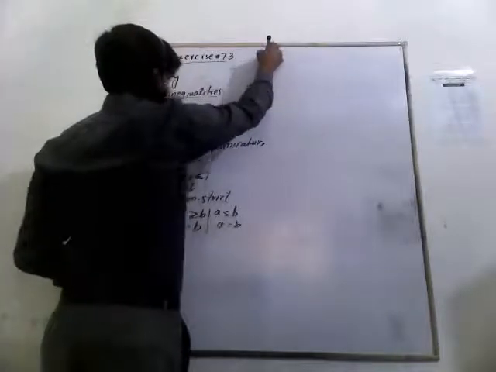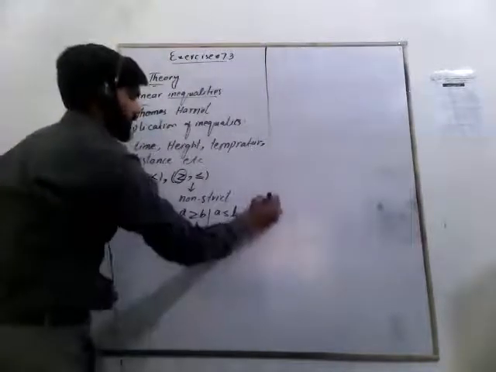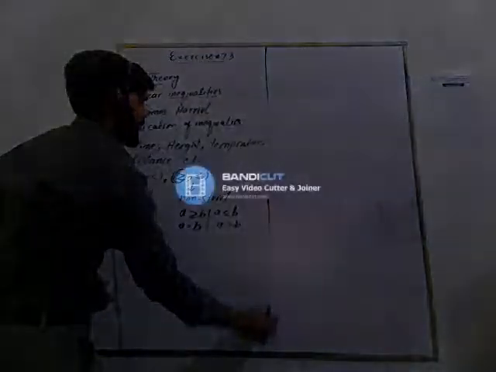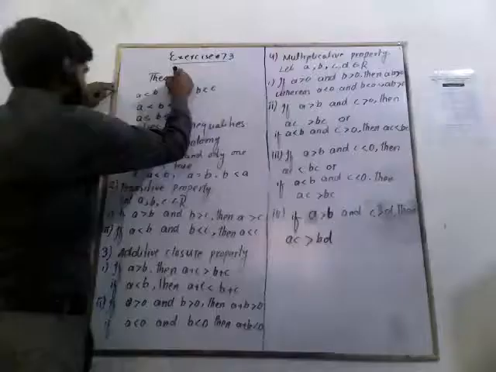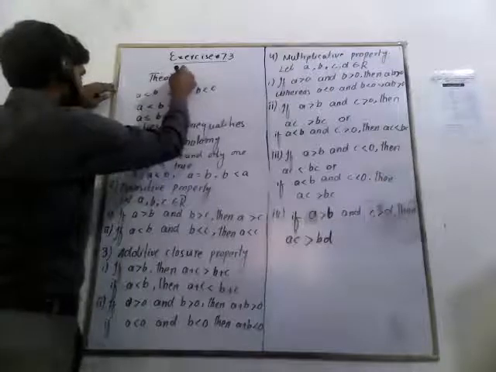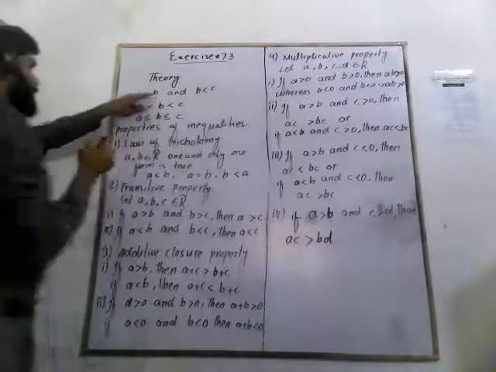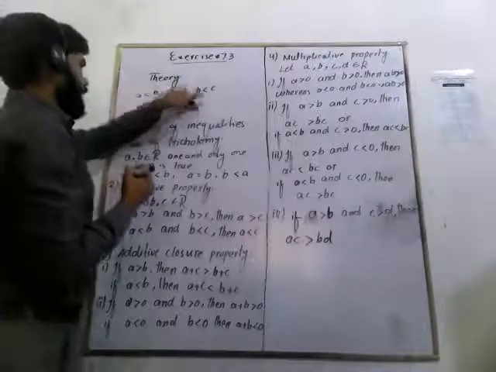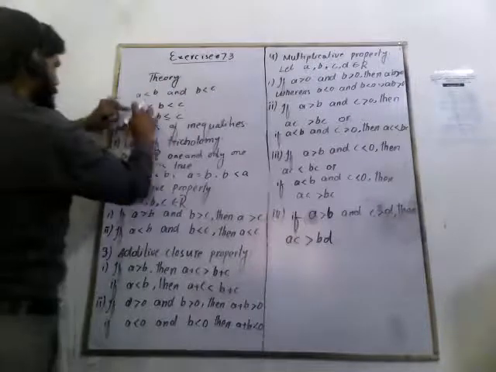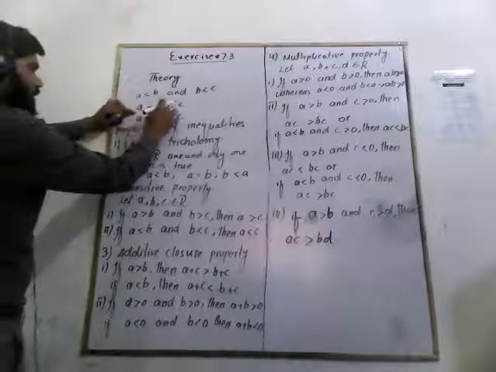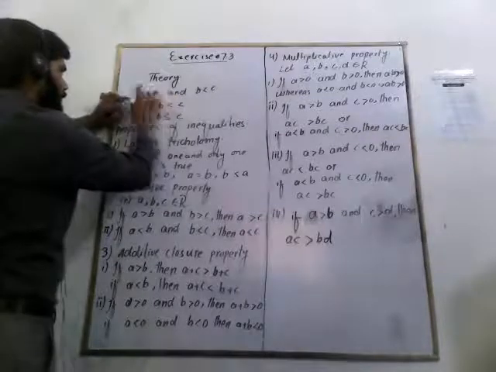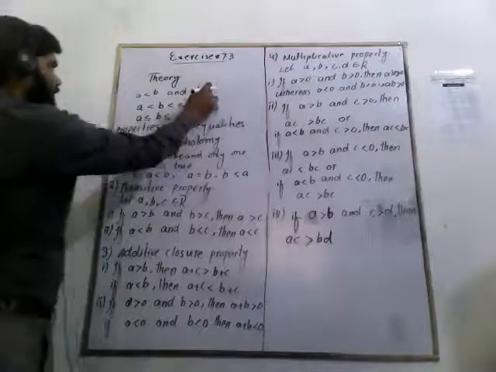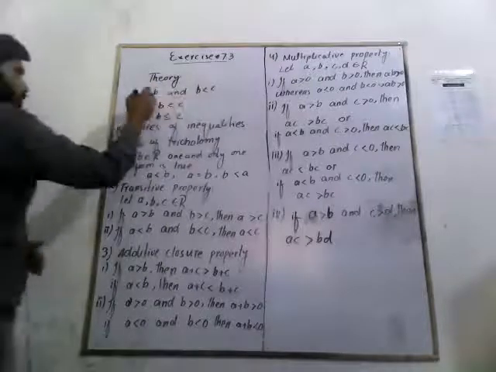So next, after that we will do when three numbers are in an inequality. For example, if a is less than b and b is less than c, there are two inequality signs used in compact form.